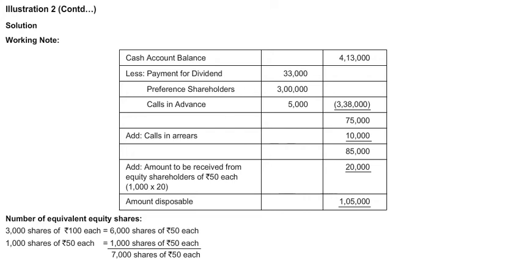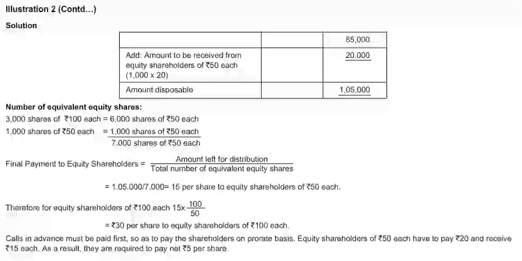But now we have two categories of equity shareholders. One is the 3,000 equity shares which are fully paid up, and the second is the 1,000 equity shares which are partly paid up, that is, 50 is the face value, out of which 30 is paid up and 20 is yet to be paid. To bring both equity shares into one category, 3,000 equity shares of rupees 100 each can be termed as 6,000 shares of 50 each, and the 1,000 shares of 50 each remain as they are. So basically we have 7,000 shares of rupees 50 each.